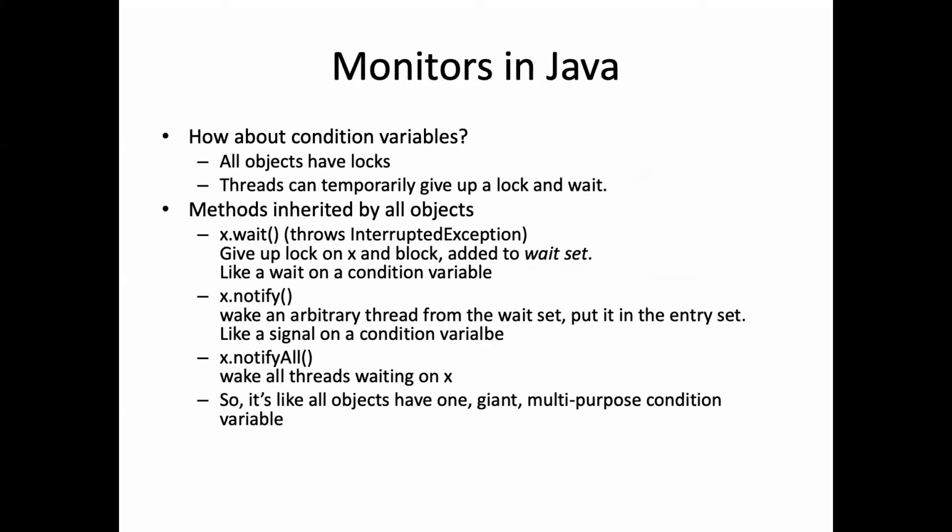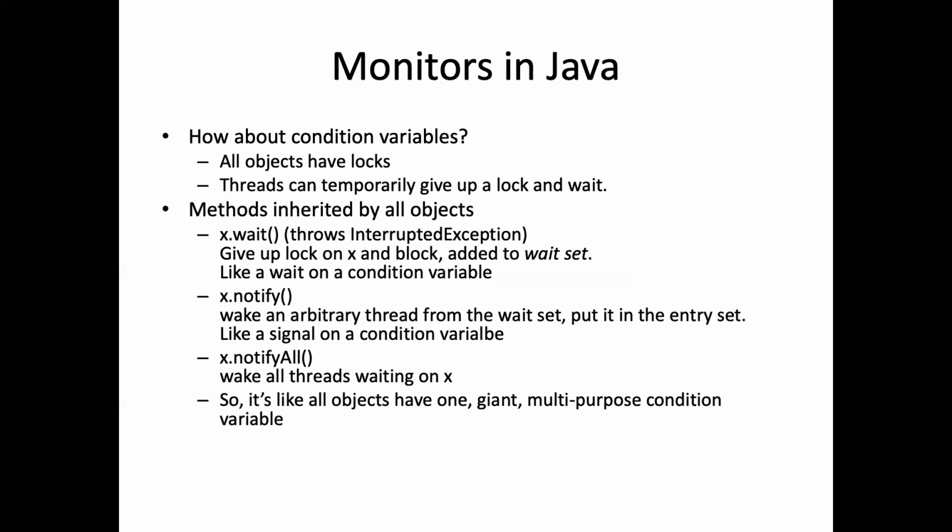It's not as flexible as the mechanism provided by the POSIX API, and it has some performance disadvantages. But as long as those aren't a problem for your application, then this is an easy-ish way to build a monitor. So how do condition variables work?